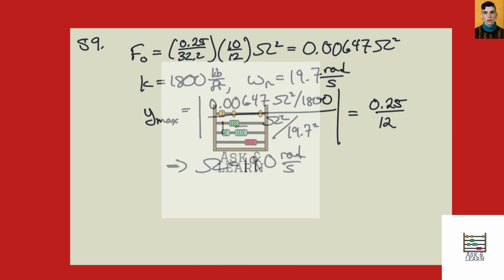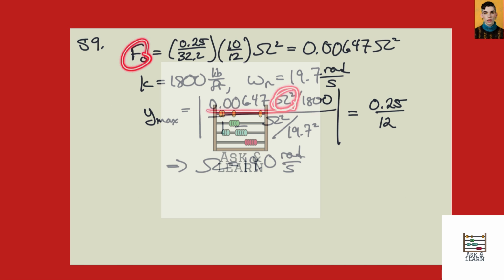Now we take our spring constant, which gives us our natural frequency. We then plug into our equation for the amplitude of the response, which is the amplitude of the force.